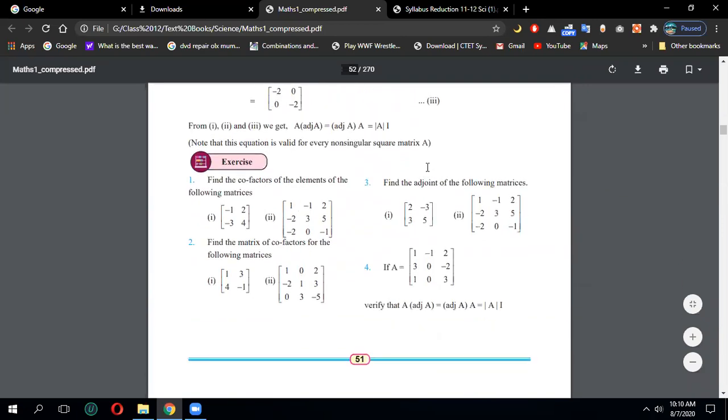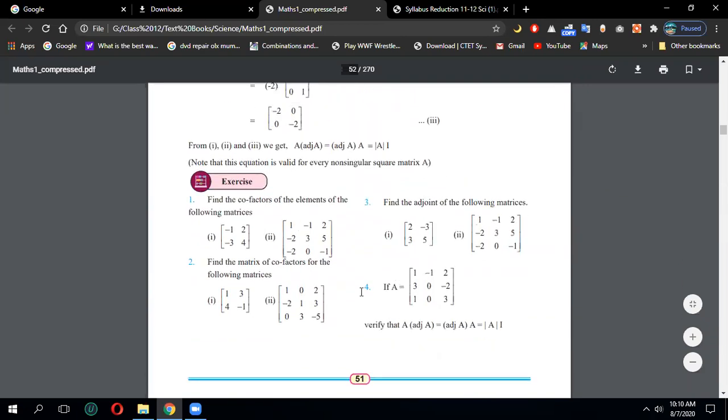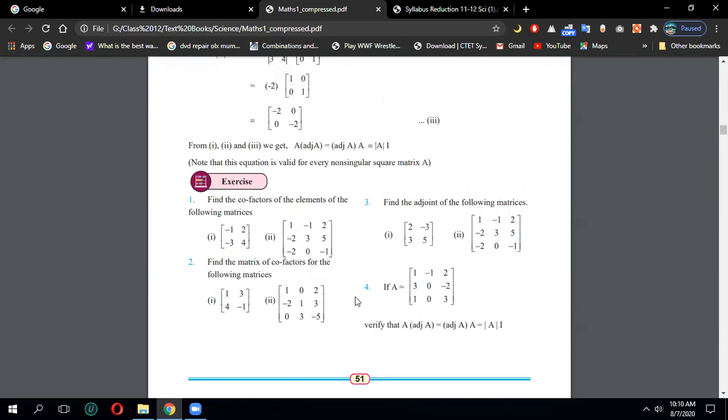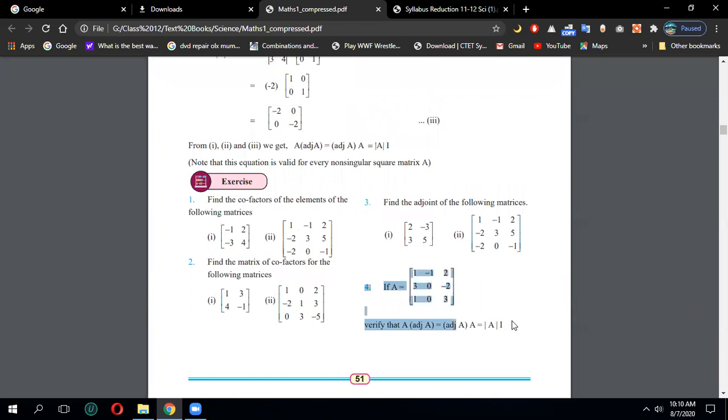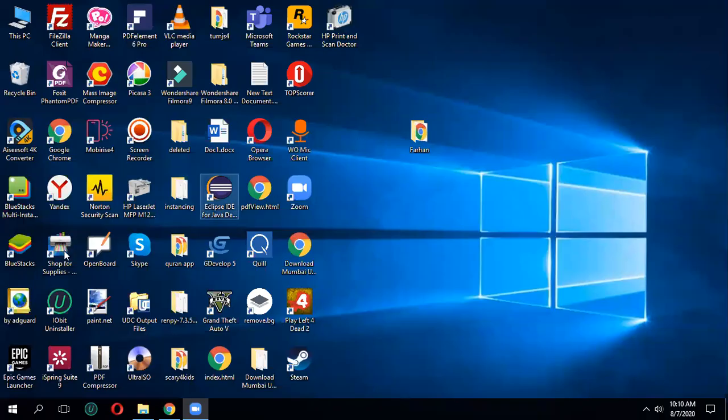Here it is. So I think we were solving this question number 4. I need your help because we were halfway through solving this question. So let's continue, and it's not that I'm guessing. I'm giving you 100% surety that this question is definitely going to be asked in your examination. So you can mark this question as important.